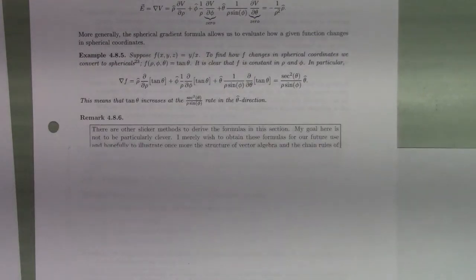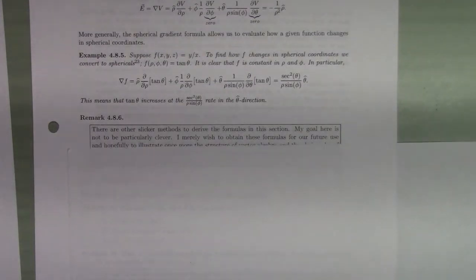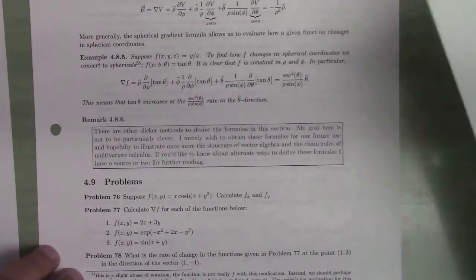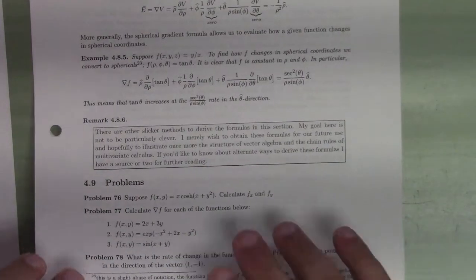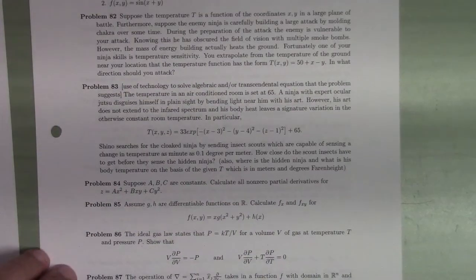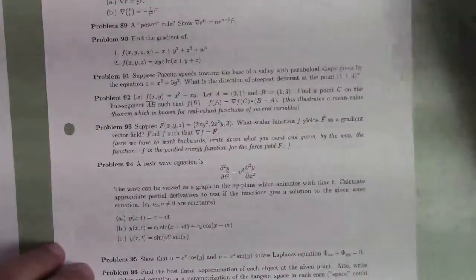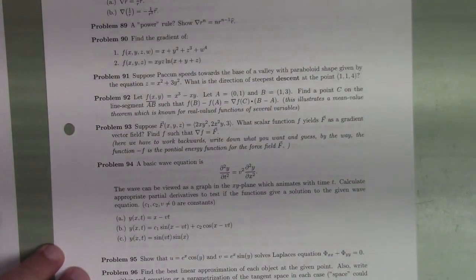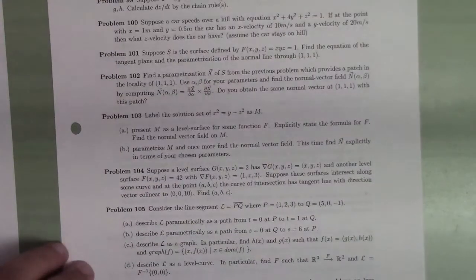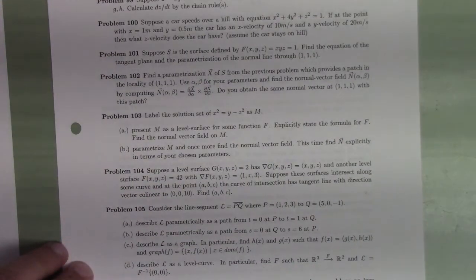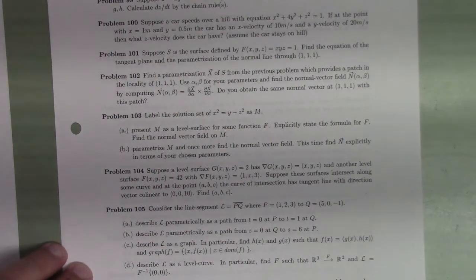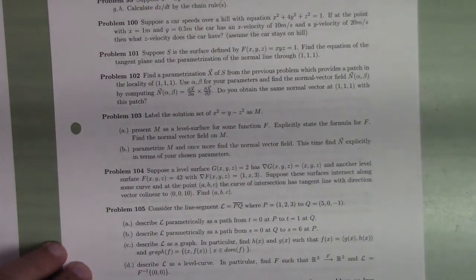So that's pretty nice. I think I have a problem like that in your homework. Don't forget there's these great problems at the end of the chapter, and they might be useful to you. I may or may not have some of these gradient and non-Cartesian problems.